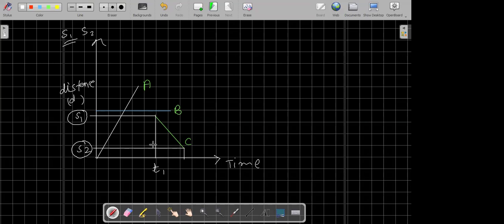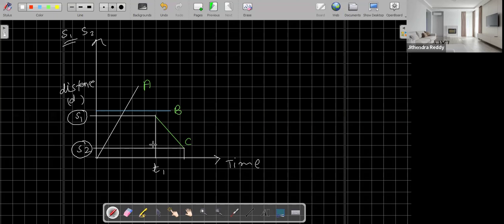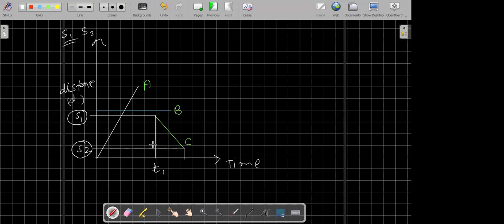So is it possible that distance will decrease with time? No, sir. Up to now, whatever examples we have done, we have seen that distance cannot decrease with time. At least it will remain the same or it will increase, but it cannot decrease with time, even if you return from that place.